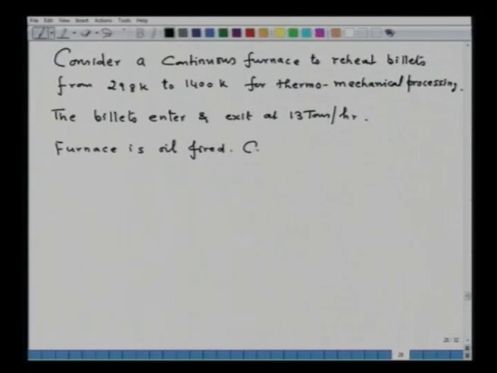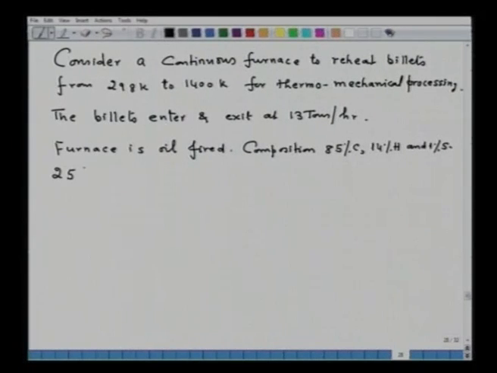The composition of oil is 85% carbon, 14% hydrogen and 1% sulfur.